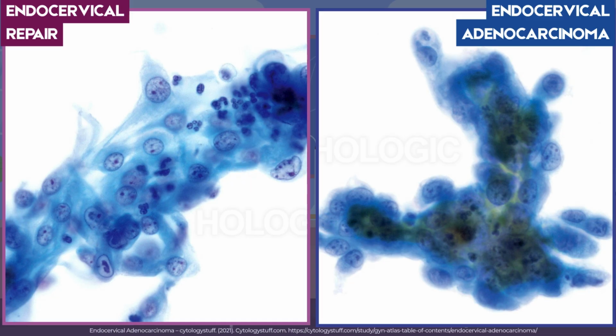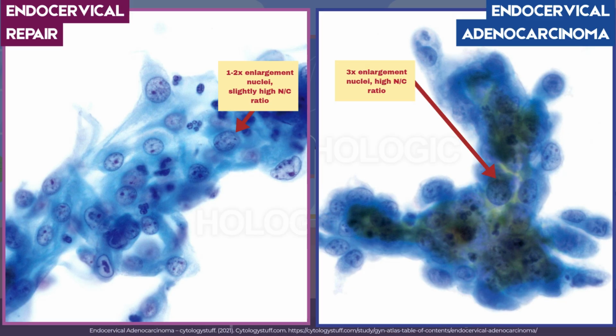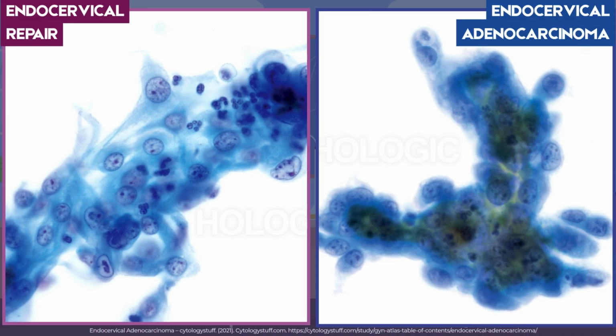In terms of nuclear size, reparative nuclei are enlarged about 1 to 2 times, compared to up to 3 times in adenocarcinoma. Chromatin texture also differs, smooth and vesicular in repair, but coarsely clumped in malignancy. Additional signs of adenocarcinoma include nuclear pleomorphism, knobby contours, and a proteinaceous background.